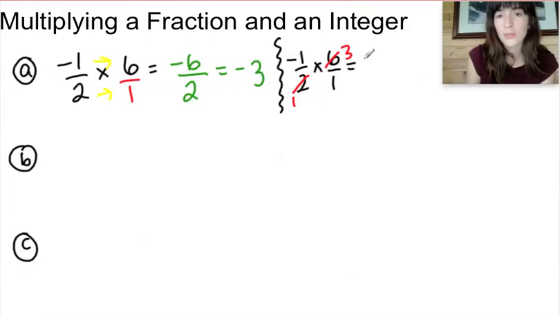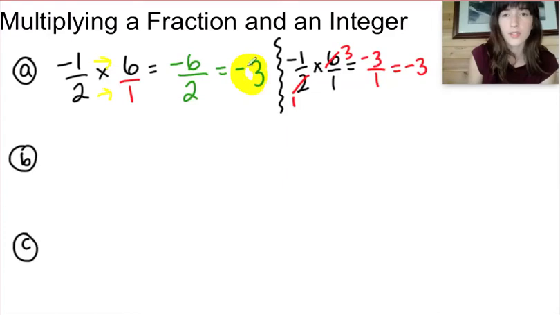So -1 times 3 is -3. 1 times 1 is 1, and we can rewrite that in a more simplified form, -3. So here are our answers. We get the same answer 2 different ways. I recommend starting to notice when you can cross reduce, because that will make things a little bit easier when we start getting into harder problems and bigger numbers. If you can simplify it beforehand, it'll make the multiplication a little bit easier.